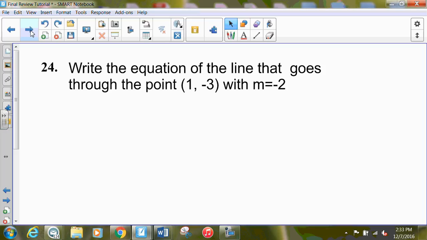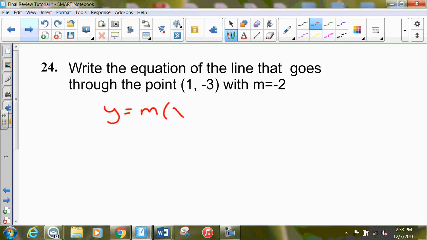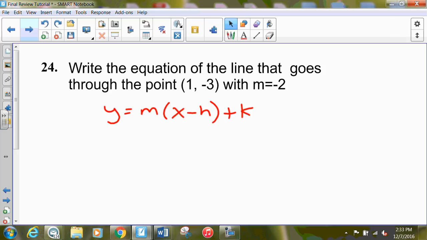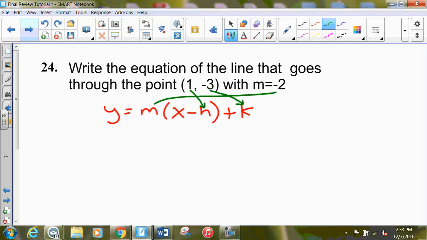Write the equation of the line that goes through the point 1, negative 3 with slope equal to negative 2. This is a little bit easier than the problem we did, not the last problem, but the problem before, because we know we need to use this form. Do you need to have this form memorized for the final? Yep. All right, and they just gave us all the information, right? They gave us our h, they gave us our k, and they gave us our slope.